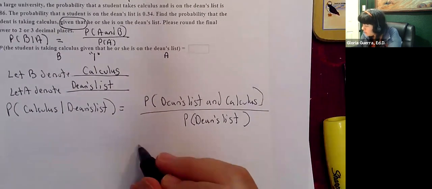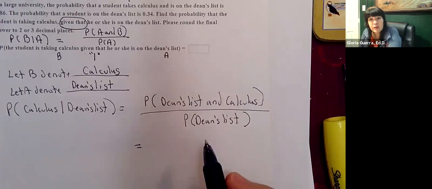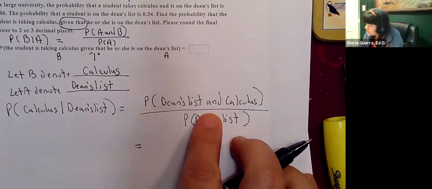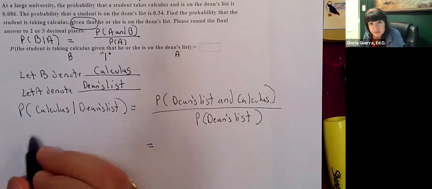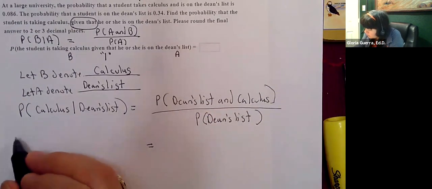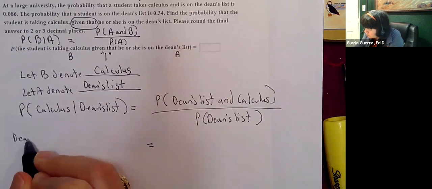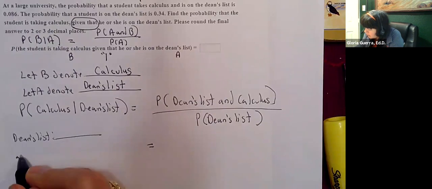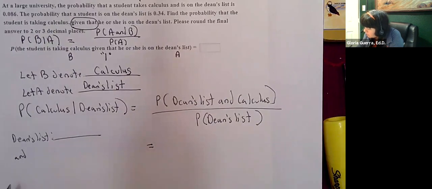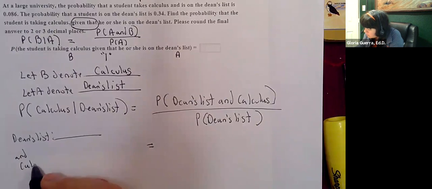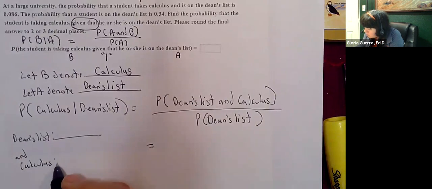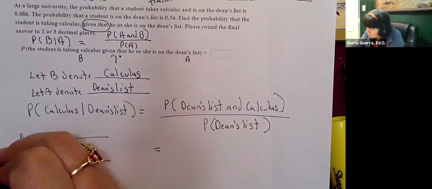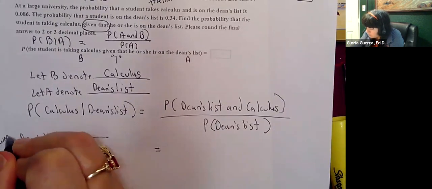Okay, and then I'm going to do my substitutions. And normally, for the "and", if you had a table, I would do dean's list and then calculus. And these are for the outcomes, right?